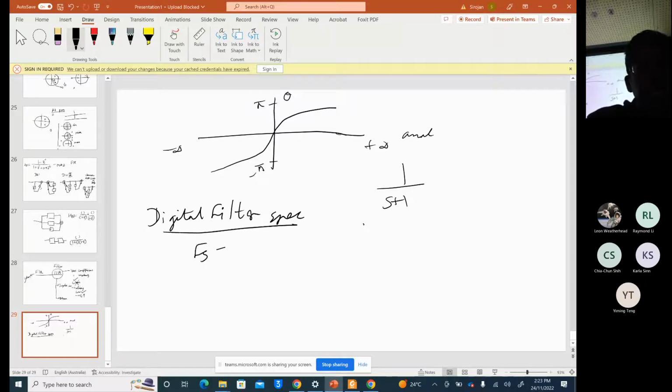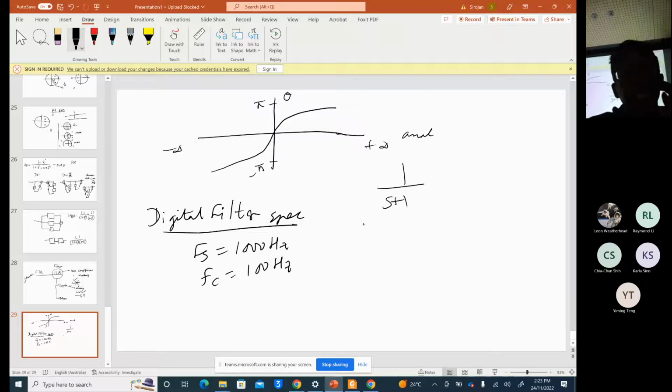Fs is given as 1000 Hertz, and Fc equal to, let's say, 100 Hertz. So here it is the digital frequency. Okay, remember these are digital frequencies.